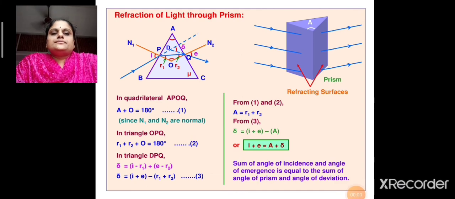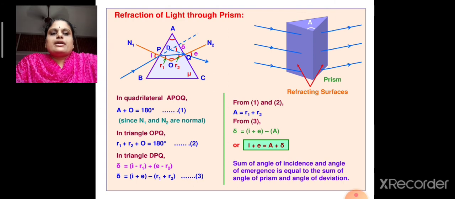From the figure, it is clear that in the quadrilateral APOQ, angle A plus angle O must be equal to 180 degrees. Let N1 and N2 be the normals drawn when the incident ray touches the prism and when the emergent ray goes out of the prism at the point Q.